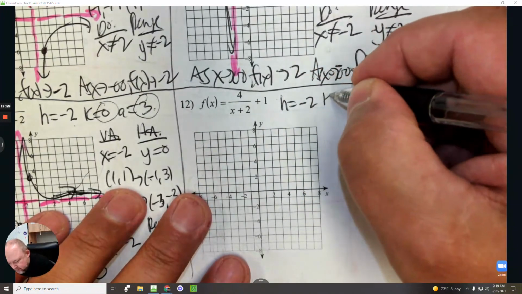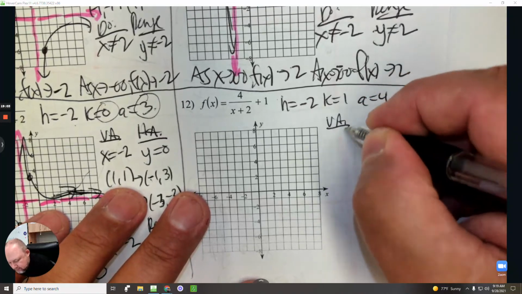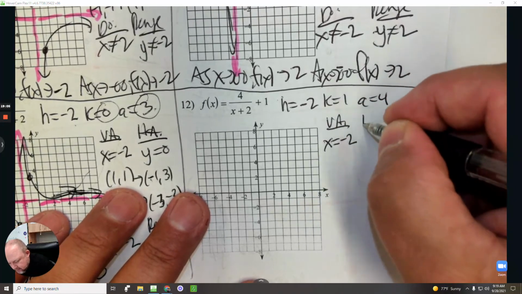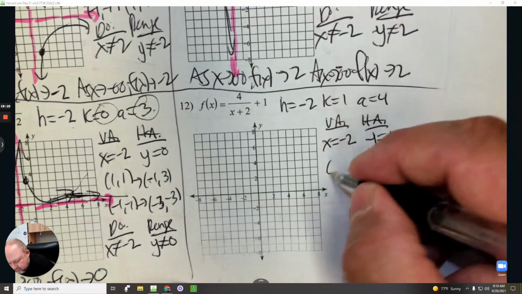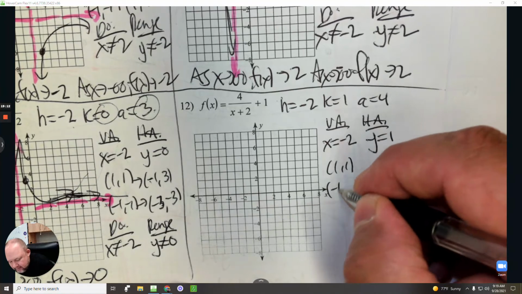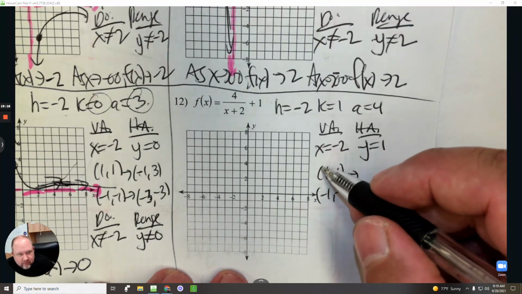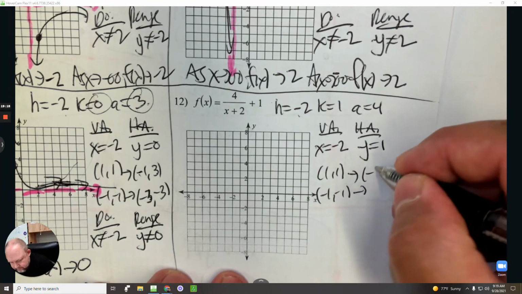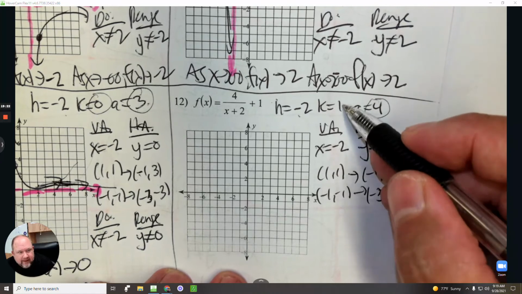H is negative 2, k is 1, and a is 4. The vertical asymptote is x equals negative 2, and the horizontal asymptote is y equals 1. The 2 points that I'm changing are 1, 1 and negative 1, negative 1. I'm going to multiply, I'm going to subtract 2. And then I'm going to multiply and then add.